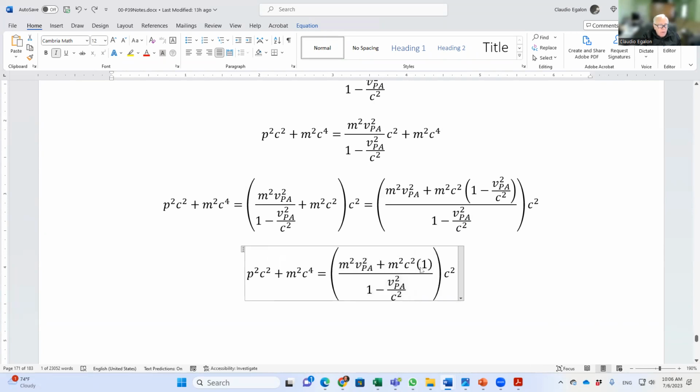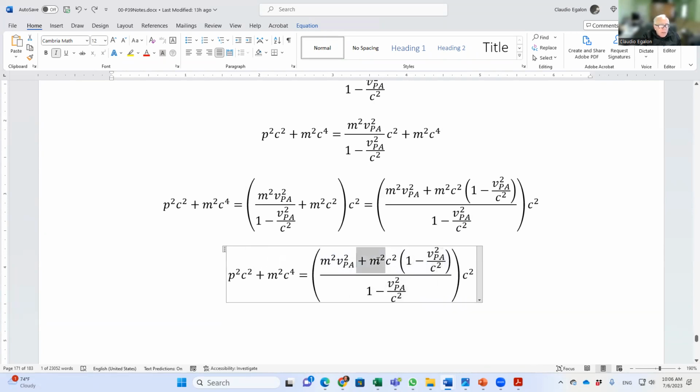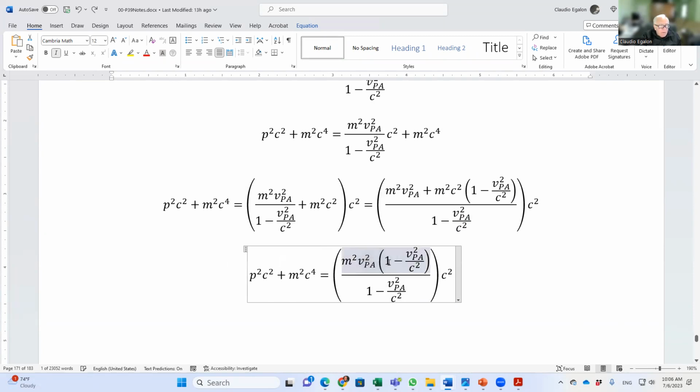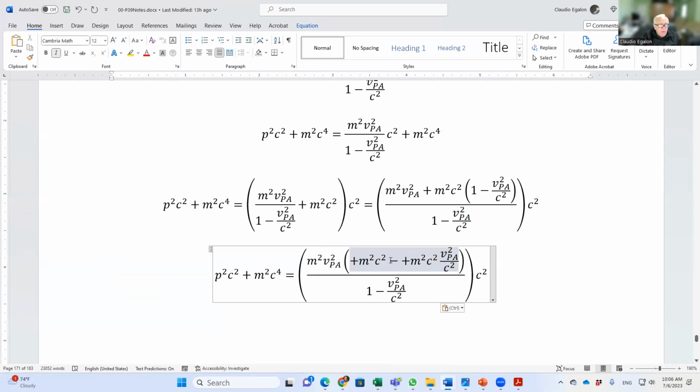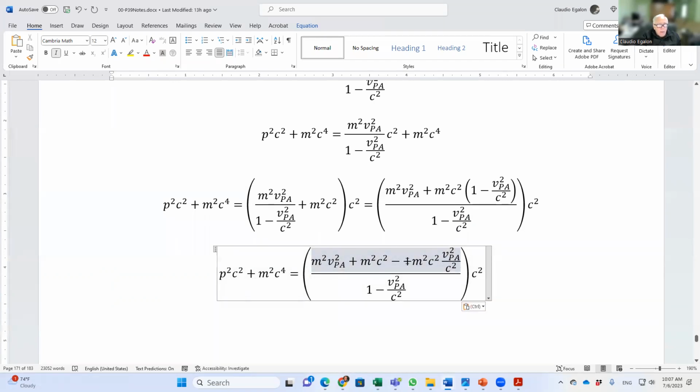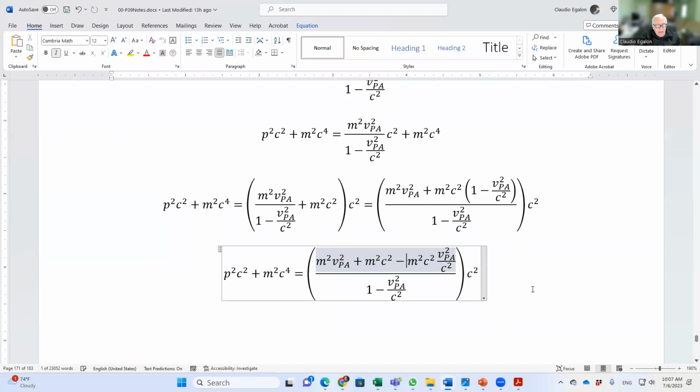Let me do an additional step here so we don't get lost, right? Yeah, let's do this additional step here. There is a negative sign here.